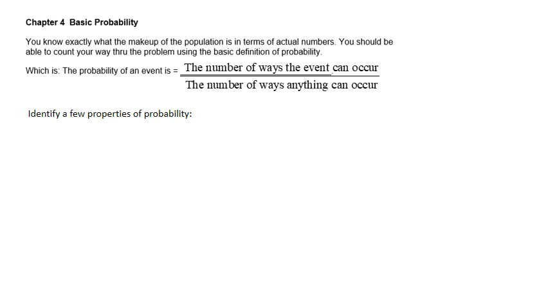You know exactly what the makeup of the population is in terms of actual numbers. Now, this is important. We know the actual numbers that make up the population. You should be able to count your way through the problem, working with the basic definition of probability, which is the probability of an event is the number of ways it can occur divided by the number of ways anything can occur.